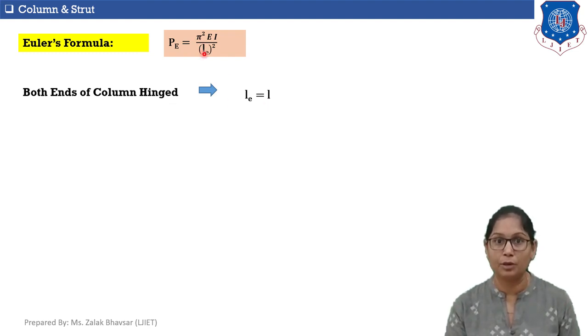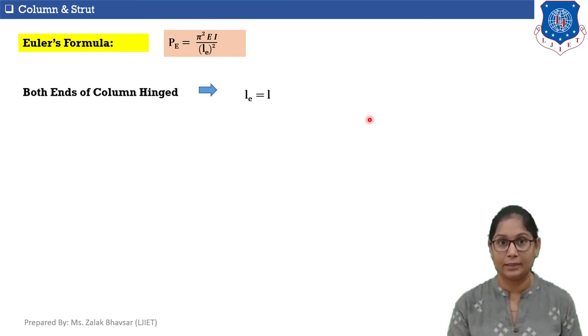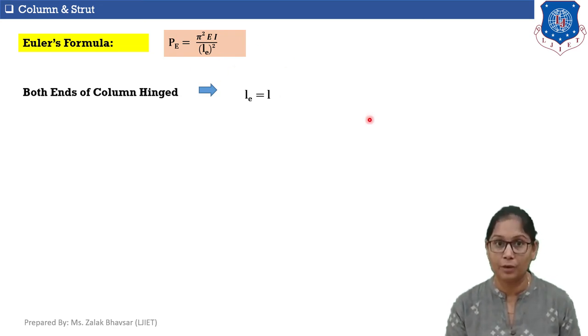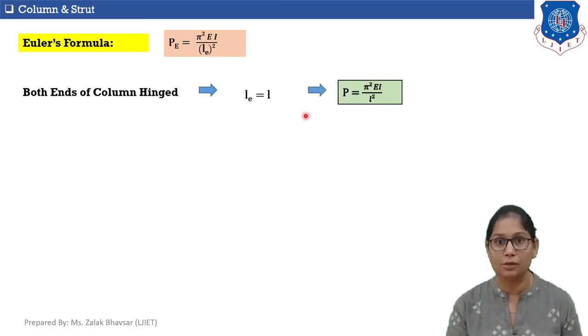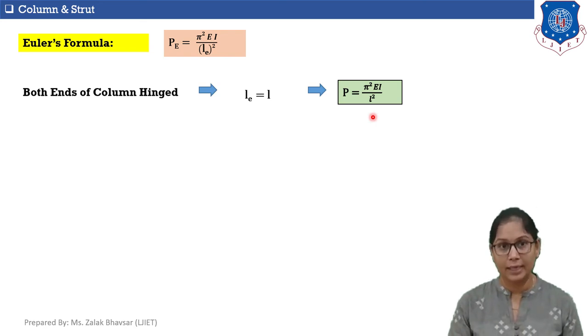If we put LE equal to L in Euler's formula, we get Euler's formula for a column with both ends hinged equal to pi² EI upon L². Here LE is equal to L, so the equation remains the same. Now let's take the second case.